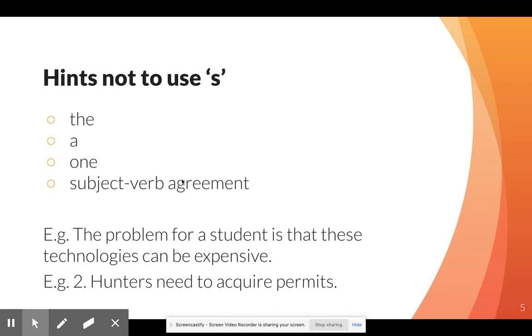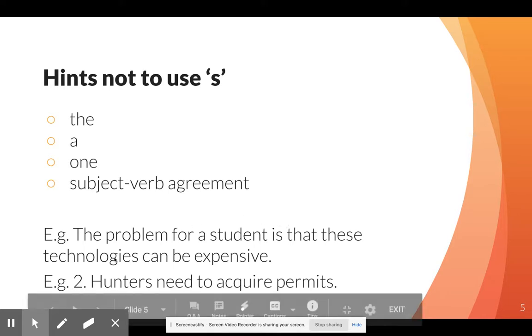Subject-verb agreement is another hint. So we know that in English, the subject and the verb must agree. So the problem for a student is that these technologies can be expensive. That doesn't have subject-verb agreement in it, but we're identifying here that it's the singular problem for a singular student. However, over here, hunters need to acquire permits.